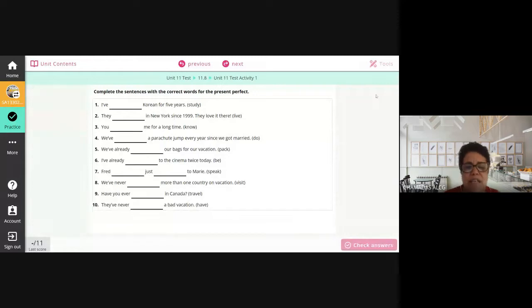So can you see this page from the online platform? This is the page from the online practice that you may not have access to because you don't have the book, but this is the platform from the book, Wide Angle.